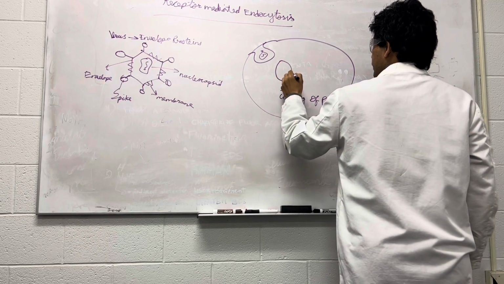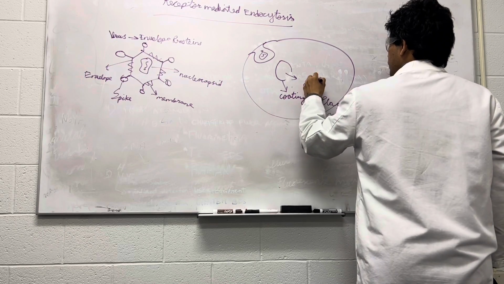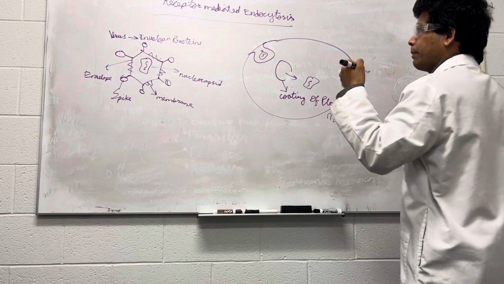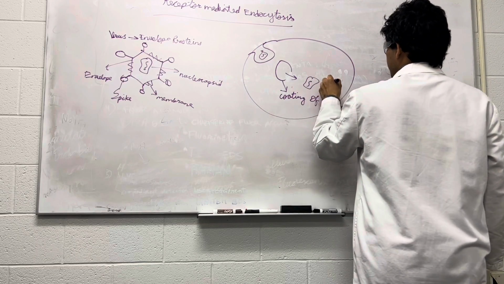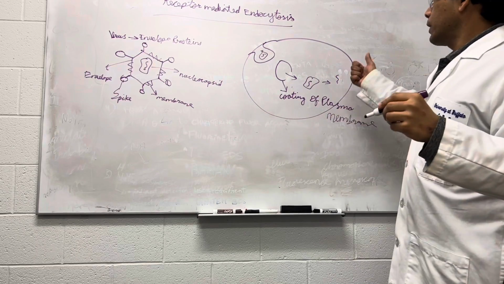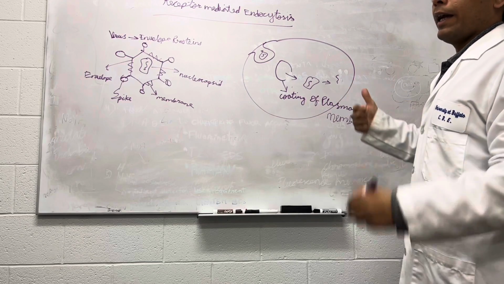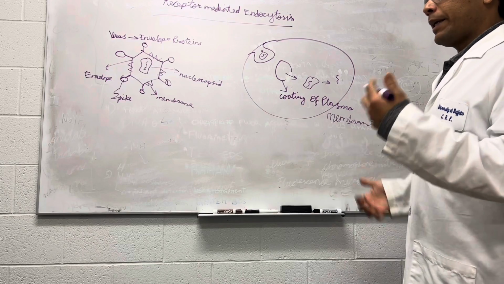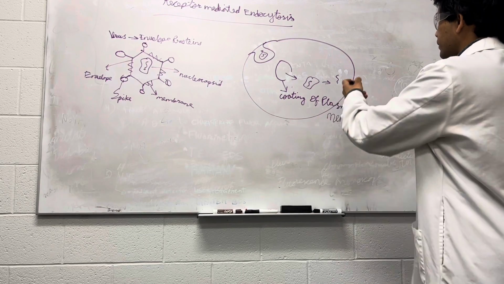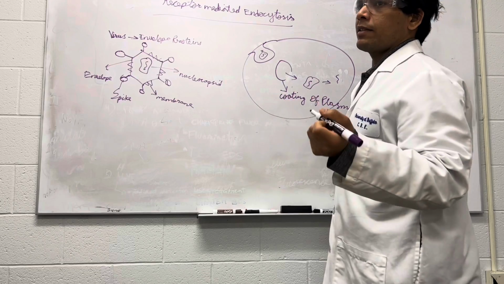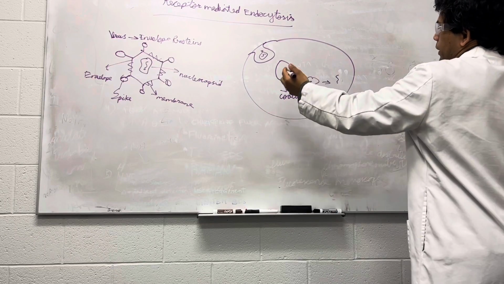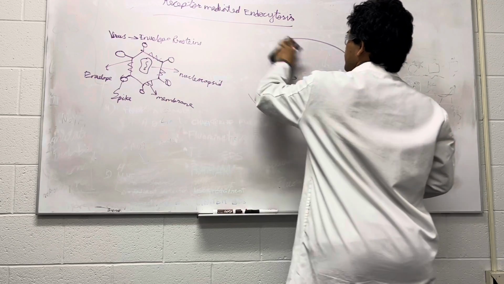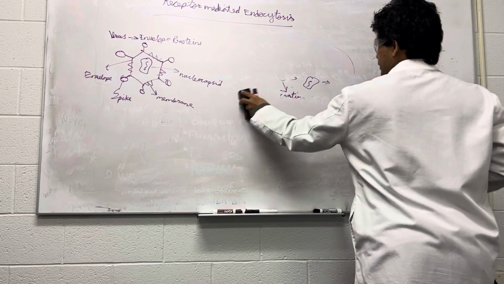So now the genetic material of the virus comes within the cytosol, and now it can be replicated and transcribed by the cell machinery. However, today our focus is on the envelope proteins.